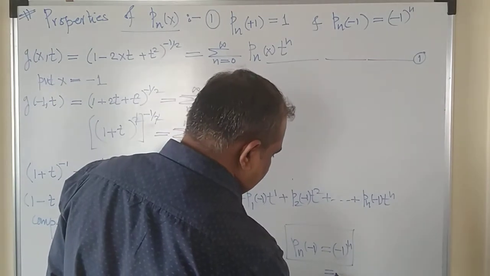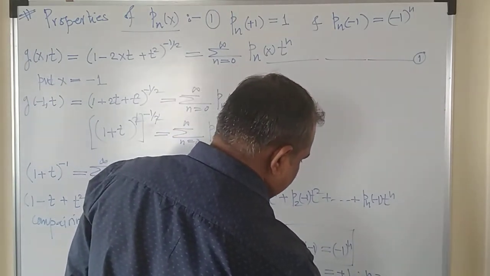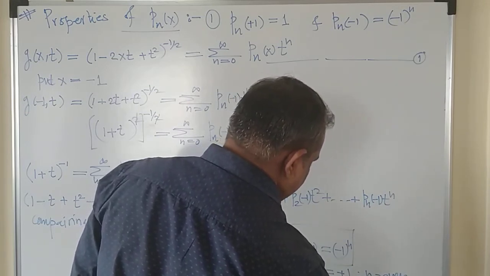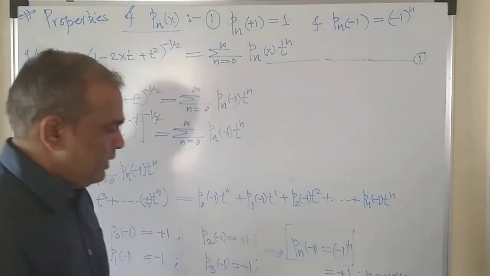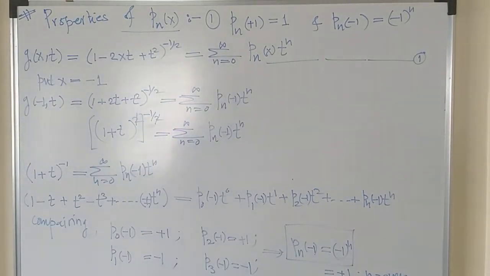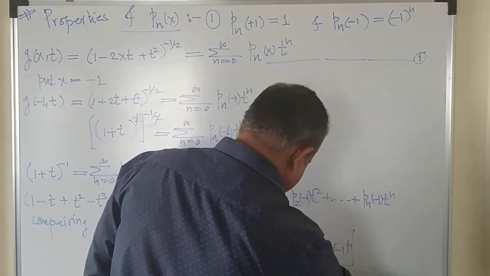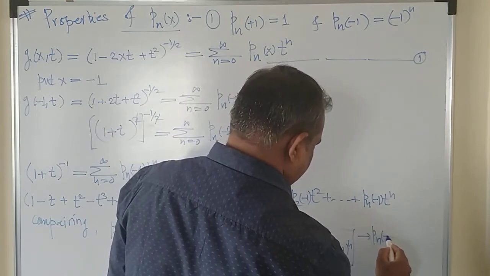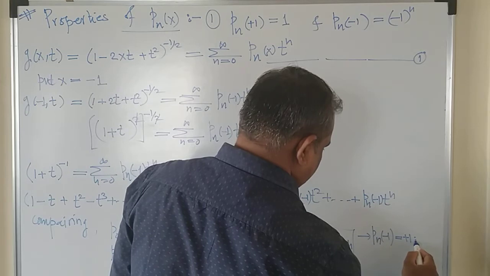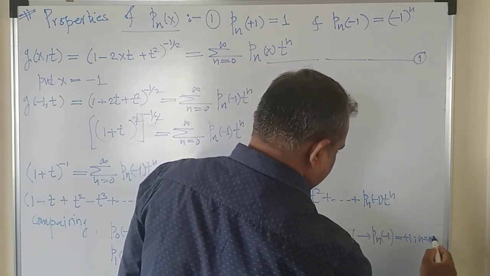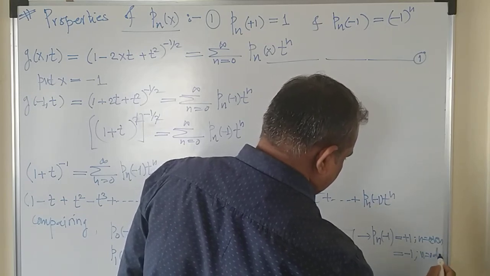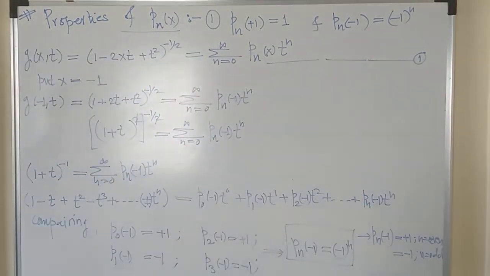So this is equal to plus 1 for n even, and this is equal to minus 1 for n odd. I think this is not visible here, I will write this here. So this implies that Pn of minus 1 is equal to plus 1 for n even, and equal to minus 1 for n odd.